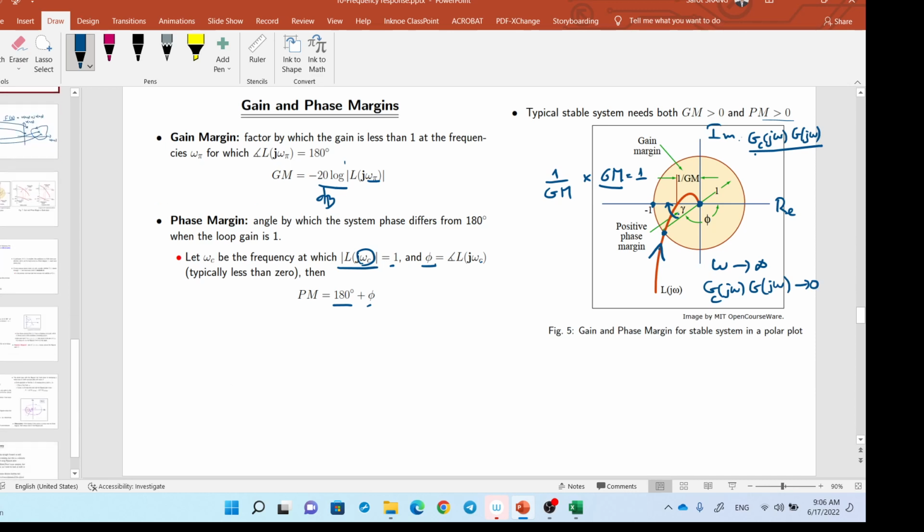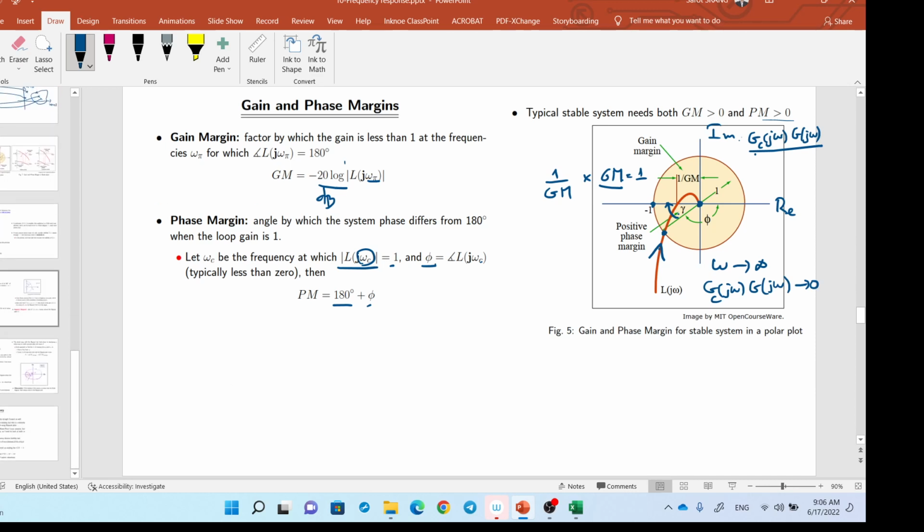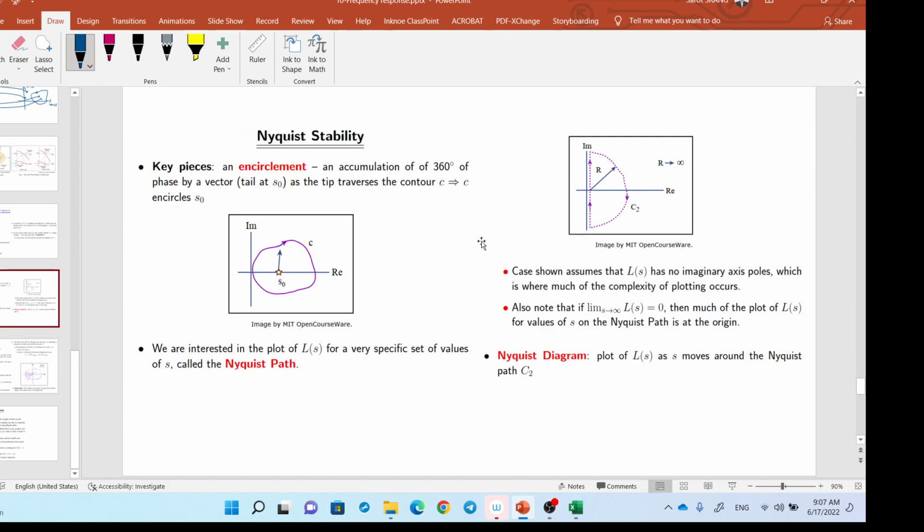I think I have another graph that can explain this well. Okay, here.